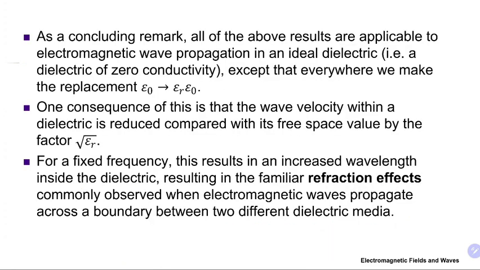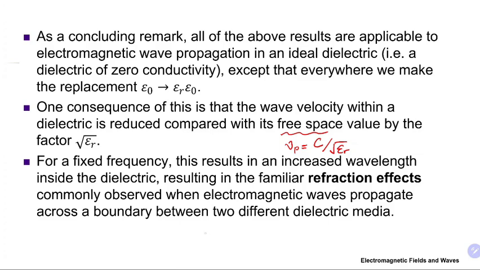As concluding remarks for these Maxwell equations, if the wave is propagating in a dielectric medium, then the wave will slow down by a factor of square root of epsilon r. In free space, we are propagating at c, which is the speed of light. If it's in a dielectric medium, then the phase velocity will be equal to c divided by square root of epsilon r, reduced by a factor of square root of epsilon r.